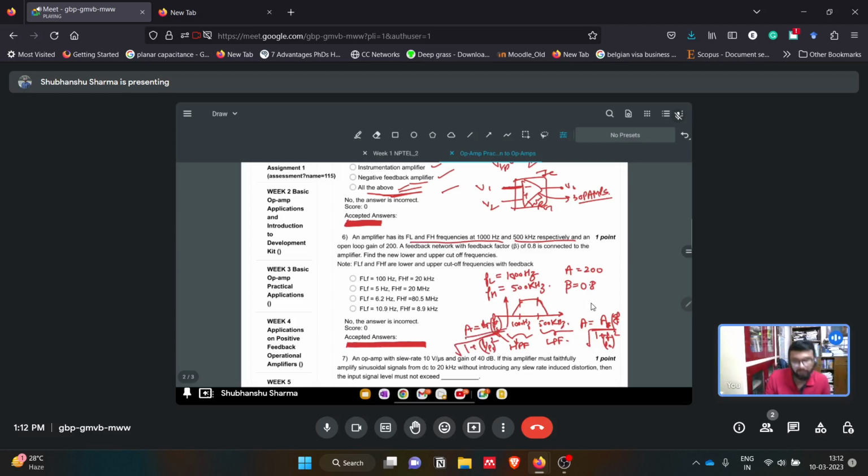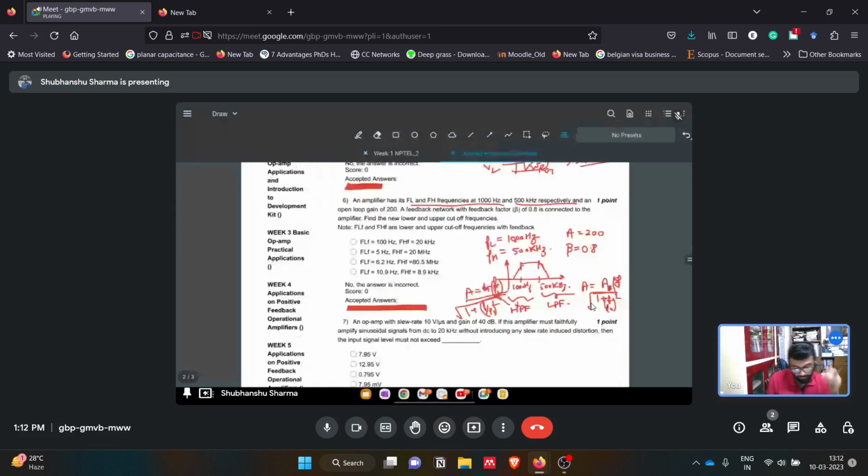Using these two equations, you can derive how the lower and higher cutoff frequencies will be affected if we introduce a feedback factor of 0.8. So you will have to use these two equations for low pass filter and high pass filter.